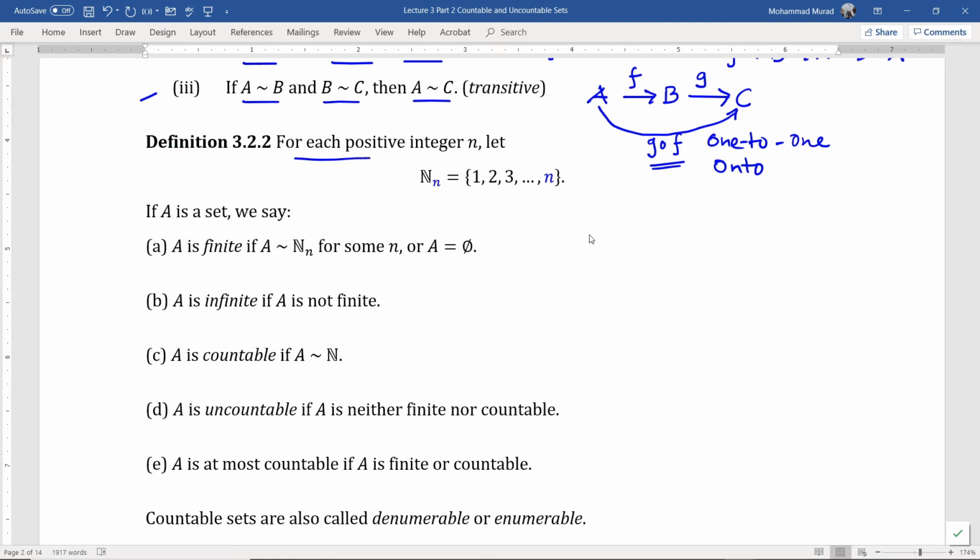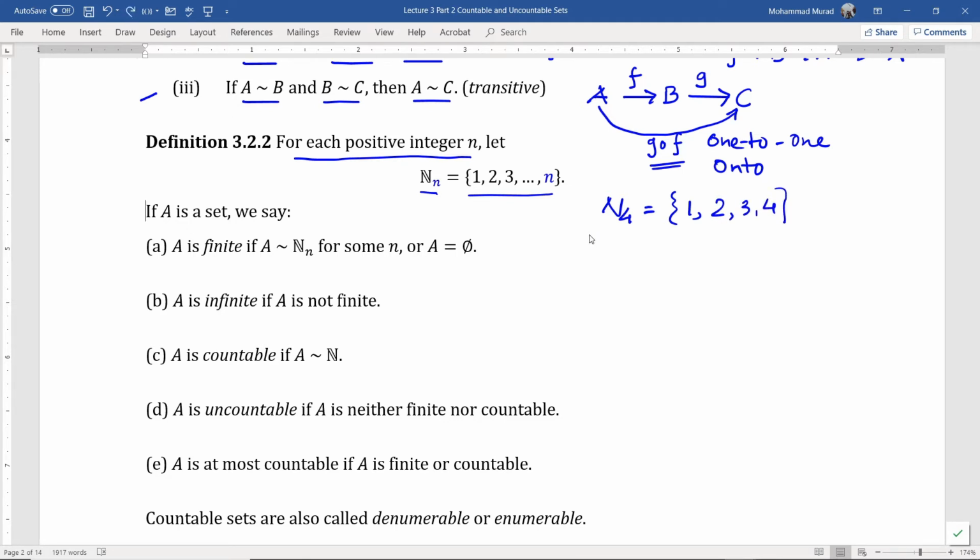For each positive integer n, let N sub n denote this set, the set of positive integers from 1 up to n. For example, N sub 4 would be the set of positive integers from 1 up to 4.